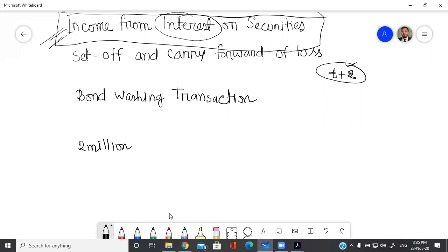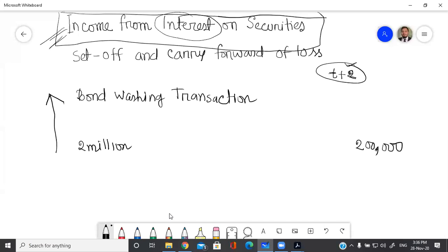And think of another person who has income of only 200,000. Of which person will the average tax rate be very high?